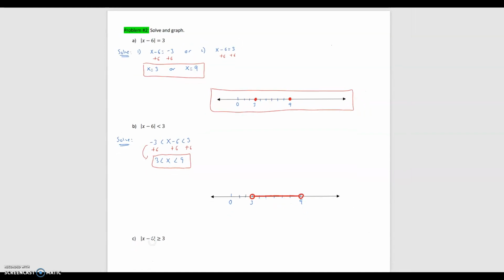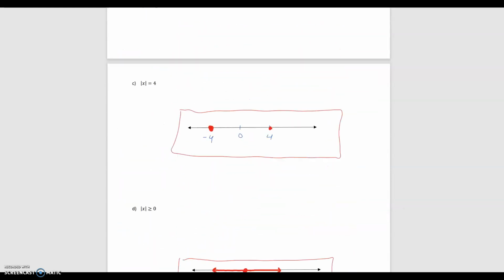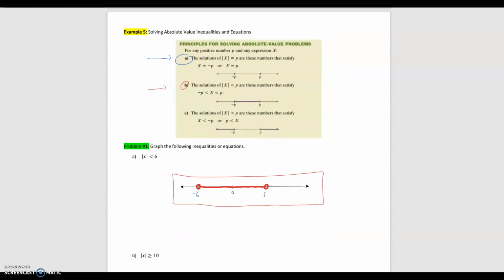And then C, we have an unknown greater than or equal to 3. So in this case, we're looking at scenario C. If it's greater, we end up solving the following inequalities that read x is less than negative P or x is greater than P. So technically the one on the right and the one on the left.